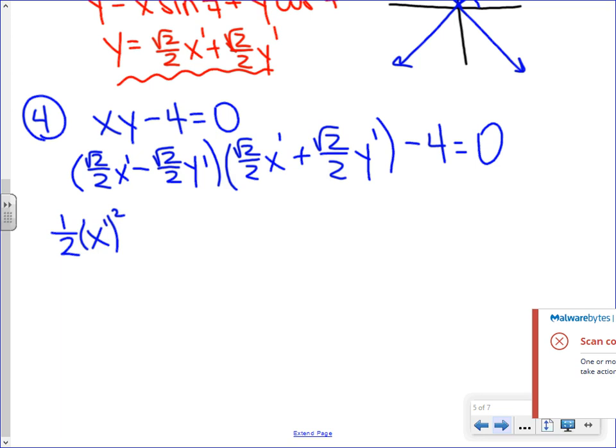Marissa, you good? Yeah. Okay. Radical 2 over 2 x prime times radical 2 over 2 y prime. Negative radical 2 over 2 y prime times radical 2 over 2 x prime.